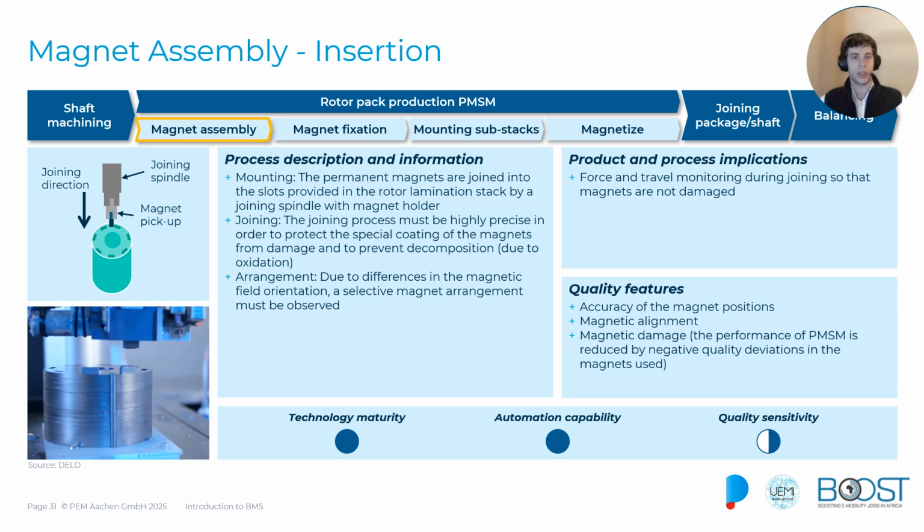But the first step is to insert the magnets into the designated slots or cavities on the rotor stack. The process starts by aligning each magnet with its slot, ensuring correct orientation for optimal magnetic field direction.